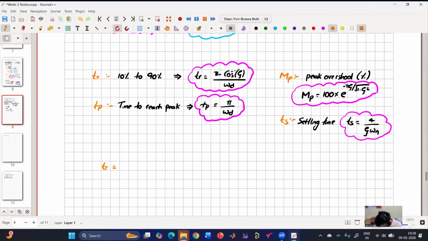What is the peak time that you got? What is the maximum peak overshoot that you got? And what is the settling time that you got? Anyone, you can calculate, or maybe we all can start with the TR, TP, MP, TS. Let me know one by one so that I will calculate. I don't have the answer. So you please calculate and let me know what value you are getting.